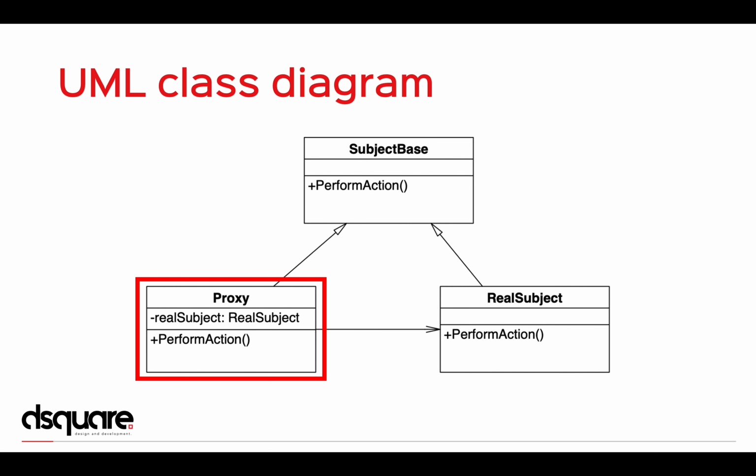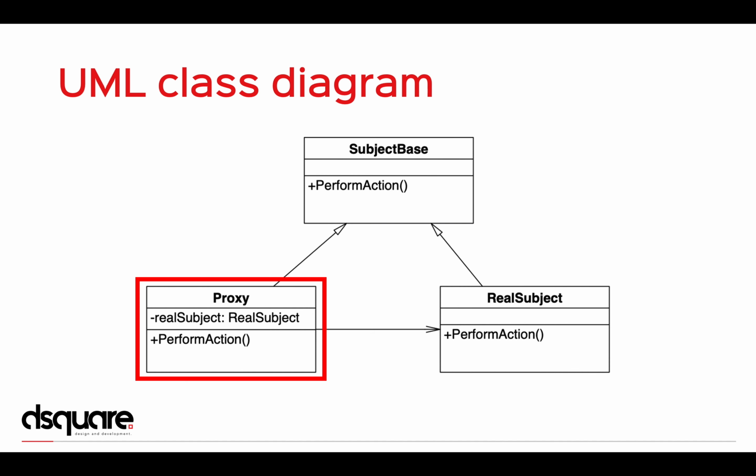But we can create a proxy for that specific real subject. So when we create the proxy, it needs to save a reference to a real subject object. Because it's going to be acting as a proxy, and because it's a subject base, it needs to implement the method perform action. But because it only acts as a proxy, it doesn't necessarily have its own functionality.